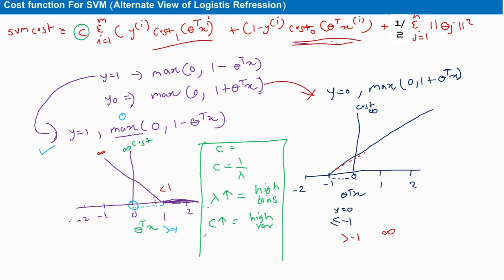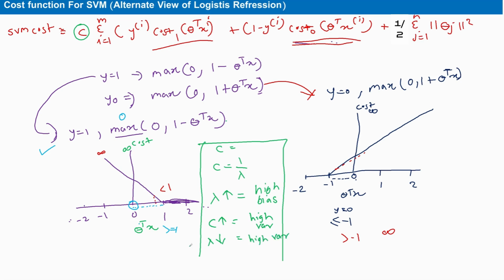In the same way, if your gamma parameter is very small, then in linear regression or logistic regression you will face the problem of high variance.